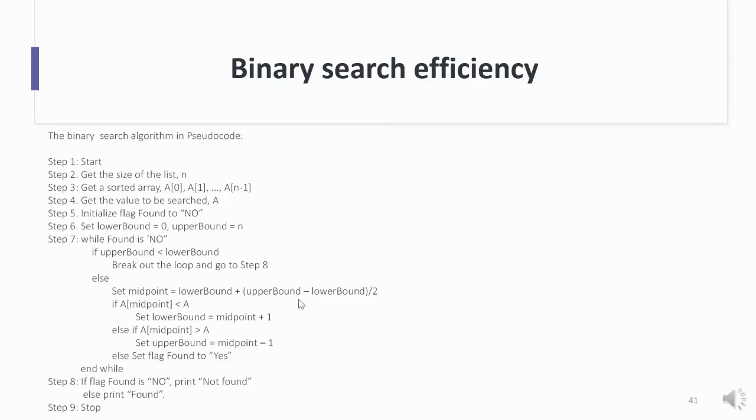Then, if A midpoint, that is the value in the middle of the array, is smaller than A, then set the lower bound to midpoint plus 1. Otherwise, if A midpoint is larger than A, set upper bound equal to midpoint minus 1. Otherwise, set flag found to yes.